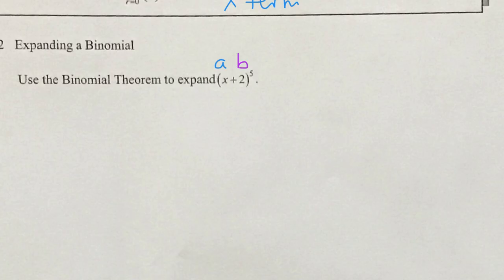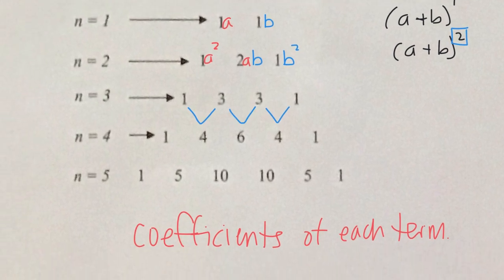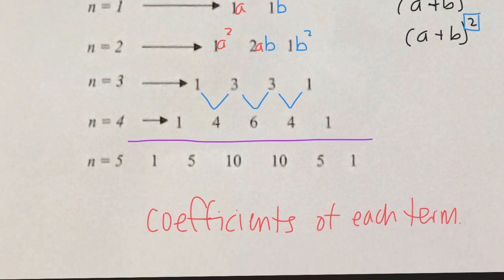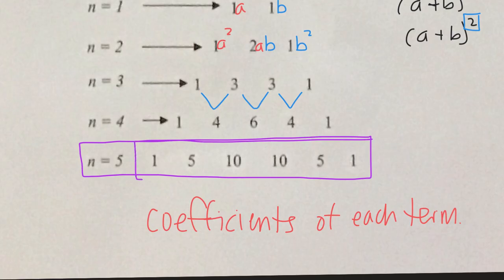Okay, so the first thing we start with is the coefficients from your Pascal's triangle. So we're going to look at the 5th level of Pascal's triangle, which is here. Here's our 5th level. So how many terms are there in the 5th level of Pascal's triangle? 6 terms. Okay, 1, 2, 3, 4, 5, 6.